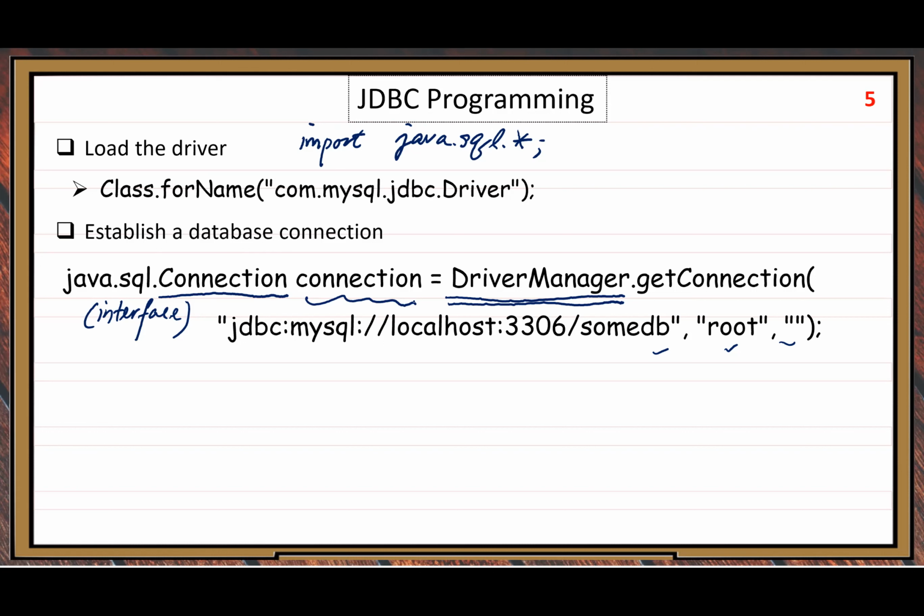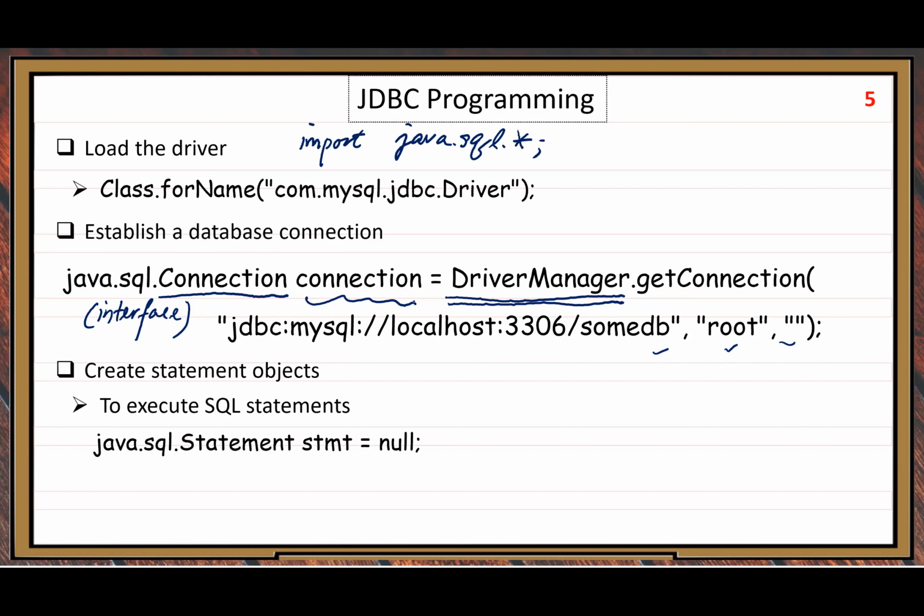Step number 3, the query statement part. Create statement objects. How to create? To execute SQL statements, you need to get a statement object first. Here, this is a declaration step.